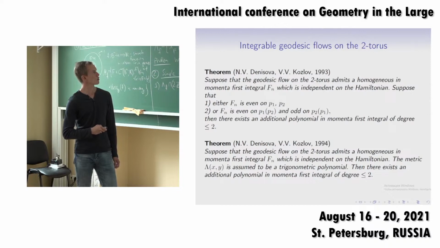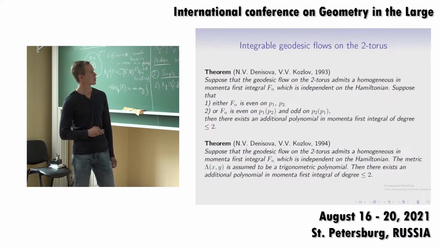So there are certain symmetries: either f is even in momenta, or maybe even or odd in the corresponding momenta. Under these assumptions, they managed to prove that the integral of high degree can be reduced to an integral of degree 1 or 2.